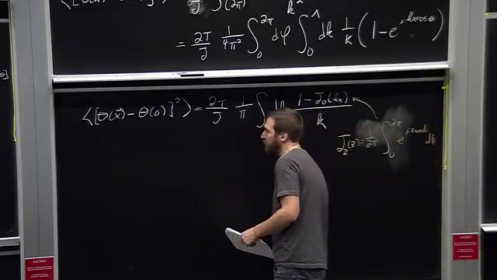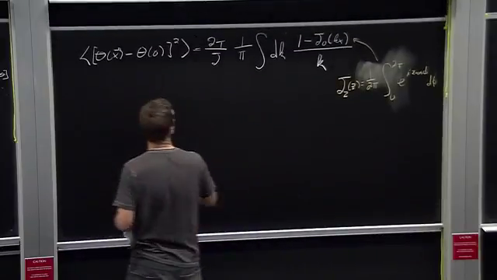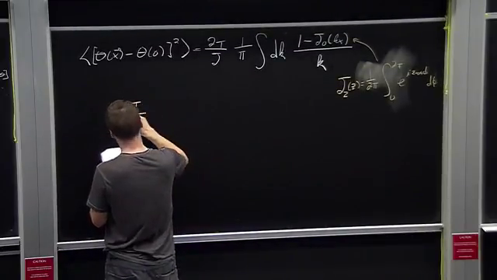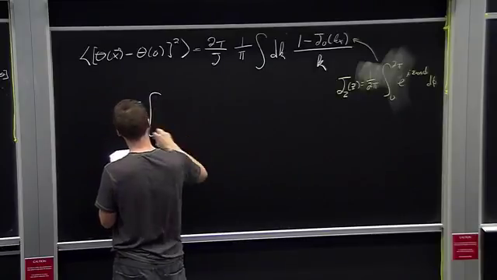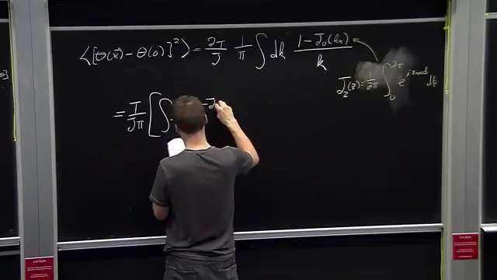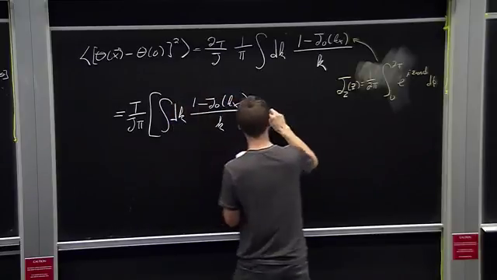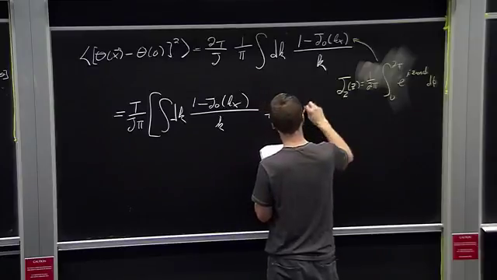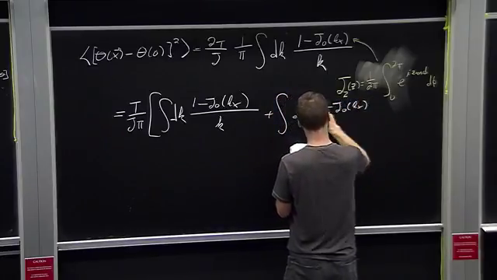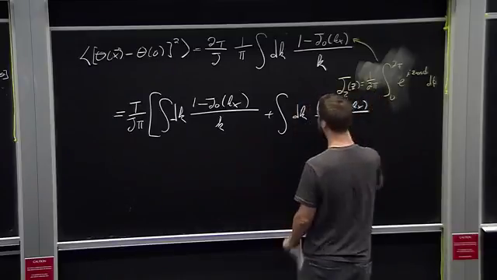So my k is going to go from... okay, slow. So I'm going to split this integral up into two pieces. One is the Bessel function, dk.